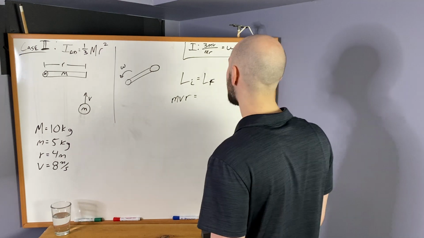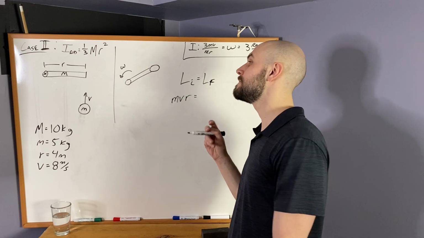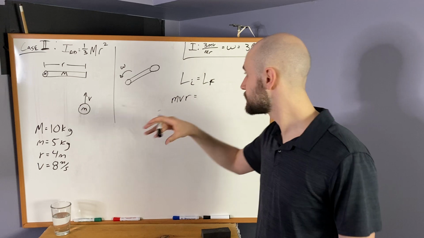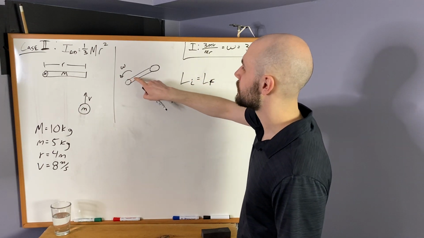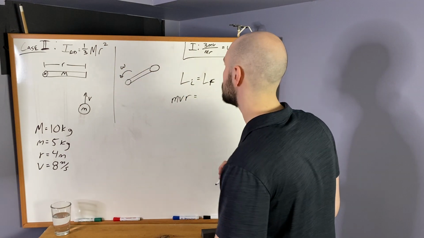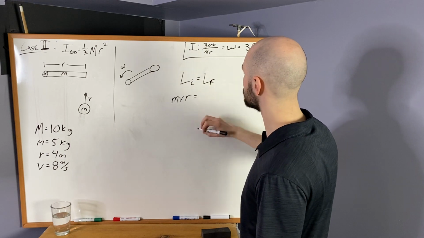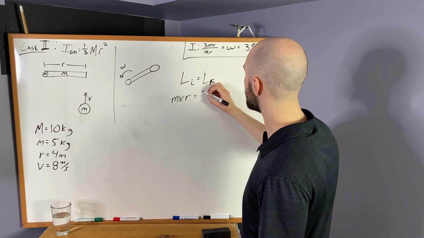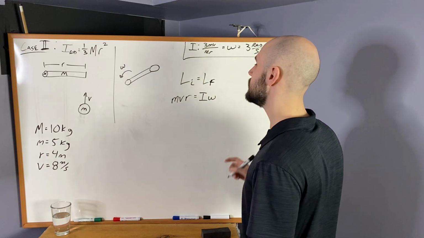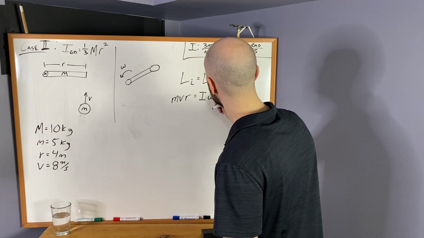But now, for the final angular momentum of the system, we want to look at all of our objects within the system. There are 2 different ways to look at this, but either way you're going to get to the same answer. We can say the rod's rotating and the ball's rotating, and they have the same angular velocity. So we could say that we have I omega of our rod, so we'll call this I rod.